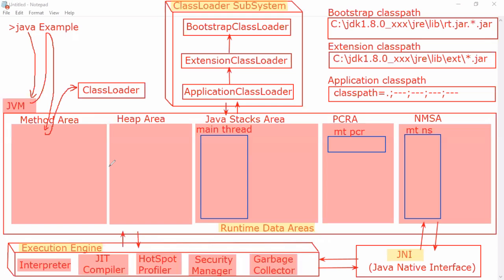If the given class bytecode is not available in the method area, then it requests the class loader subsystem to find and load the class into the JVM.